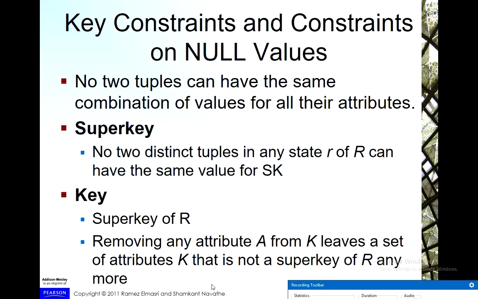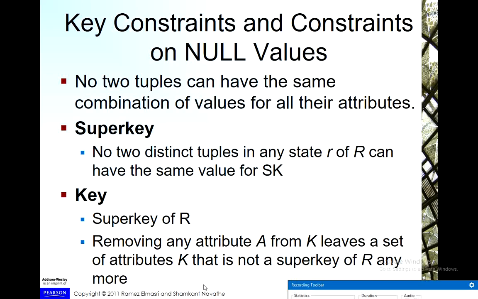So simply a key constraint should have what we call a super key, in which no two distinct tuples in any state of a relation can have the same value of this super key. A super key is usually a primary key, a key that uniquely identifies the rest of the records, which satisfies two properties.